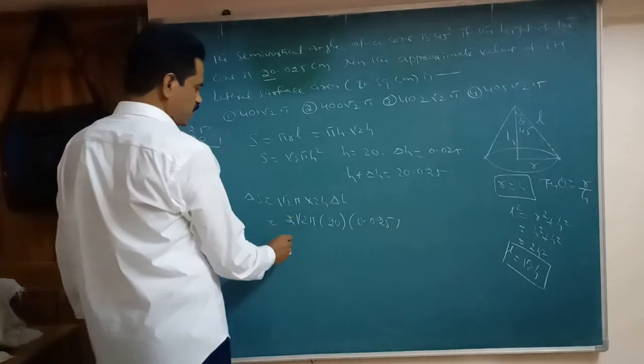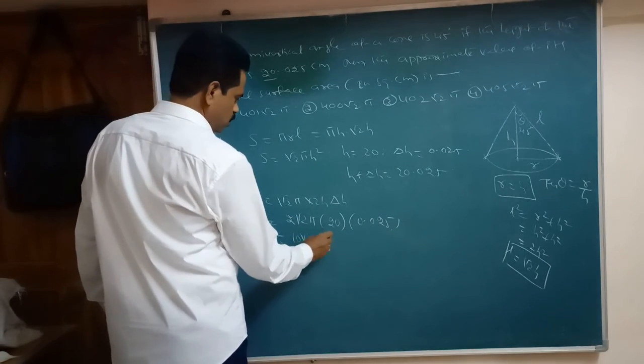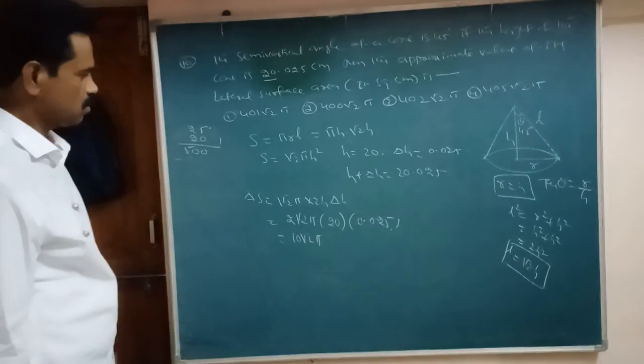Then 2 into 0.5 is 1, so delta S is root 2 pi.